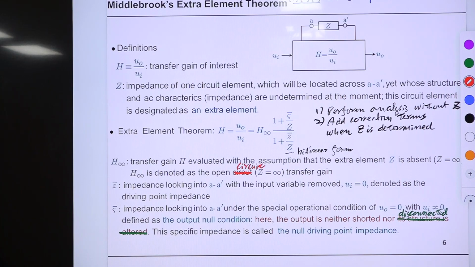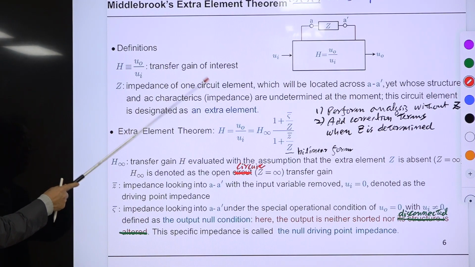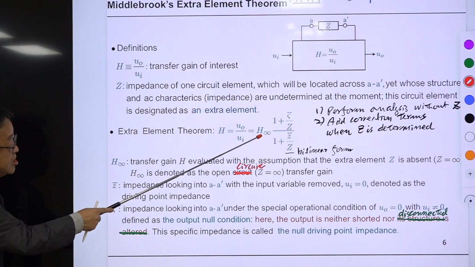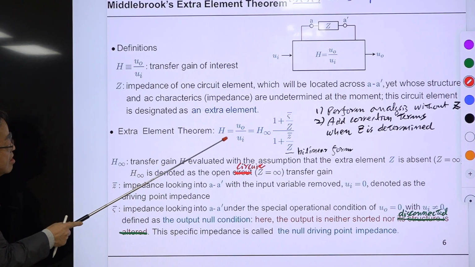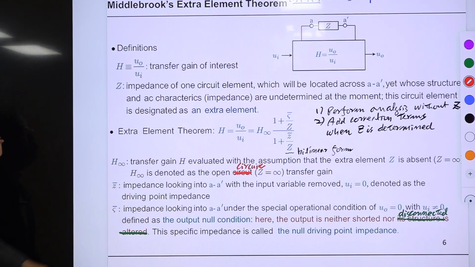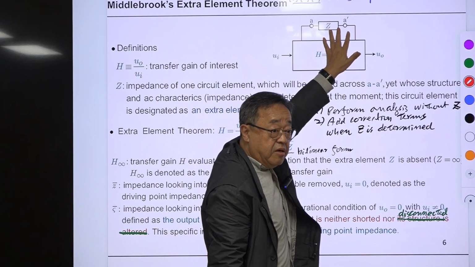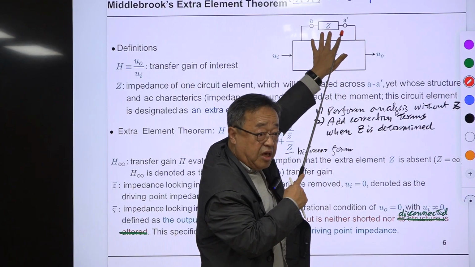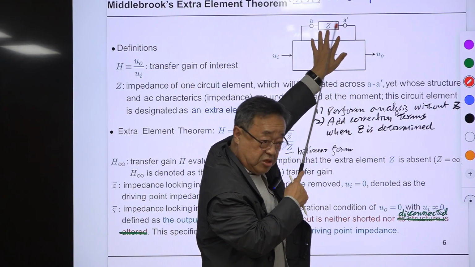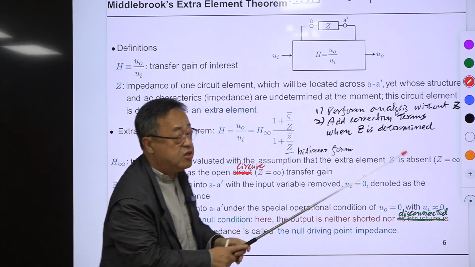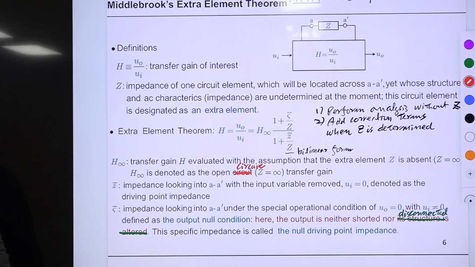Then the extra element theorem says the transfer function of interest is given by this simple equation. This H infinity is the transfer gain evaluated assuming this is absent, assuming this is open, so it is taken out. This is the case of the uncoupled converter for our case.